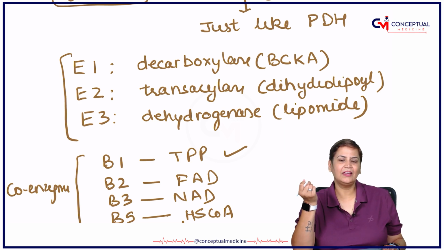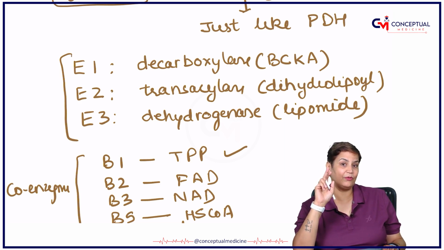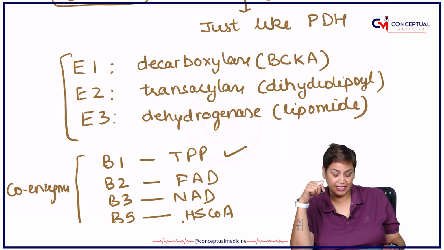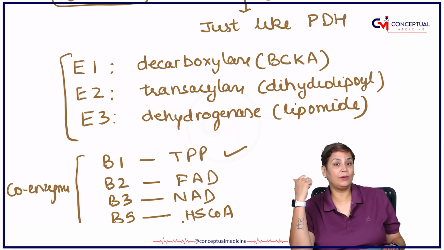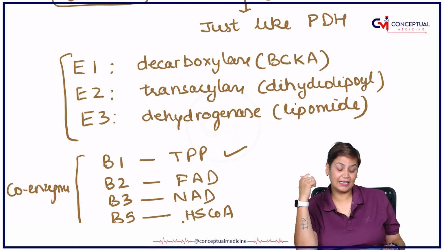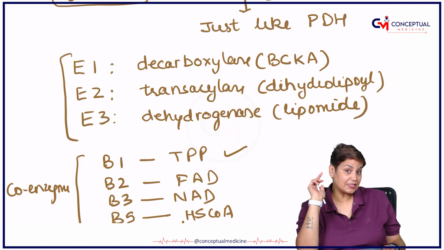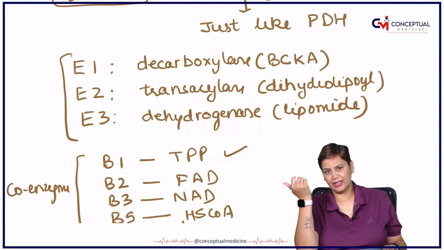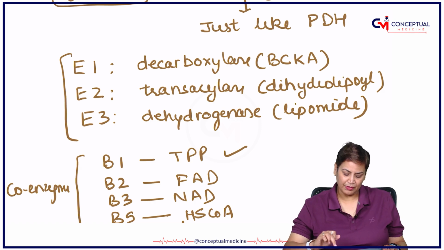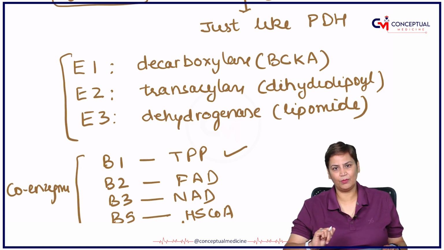E1 is, like in PDH, here a decarboxylase. E2, if you remember, was trans-acetylase; again it is dihydrolipoyl trans-acetylase. And E3 is dehydrogenase. There also it was like that. And coenzymes B1, B2, B3, B5 and lipomide.